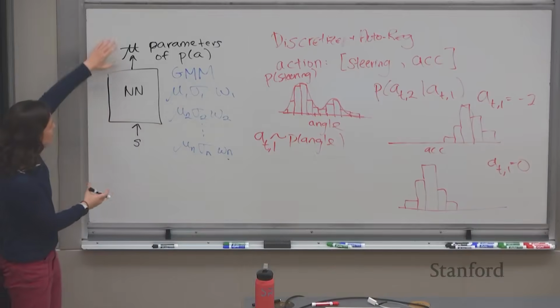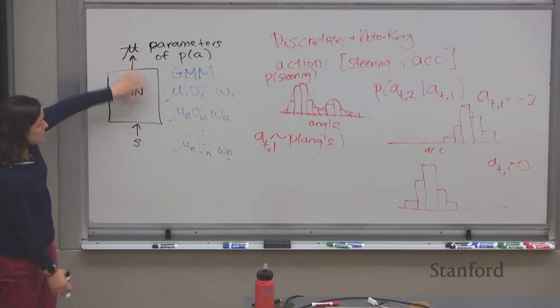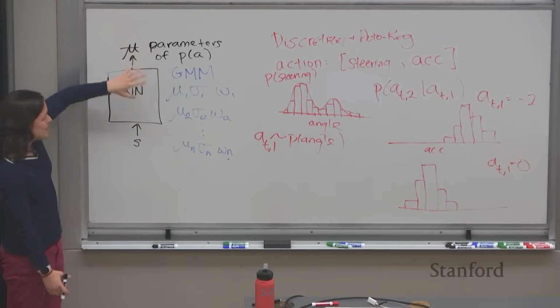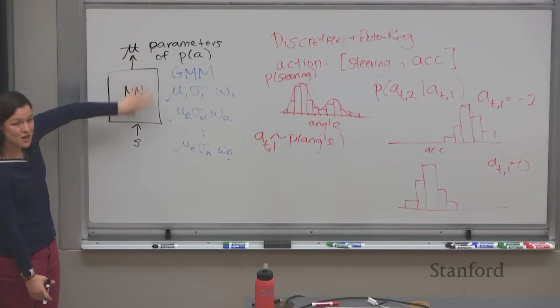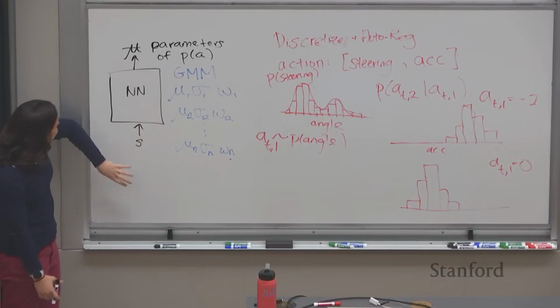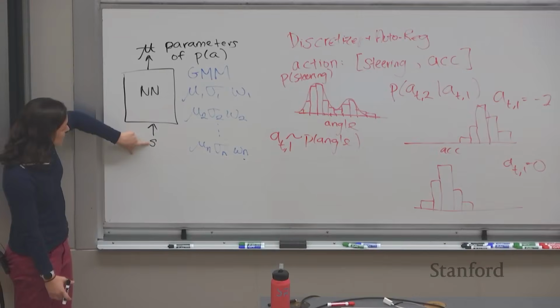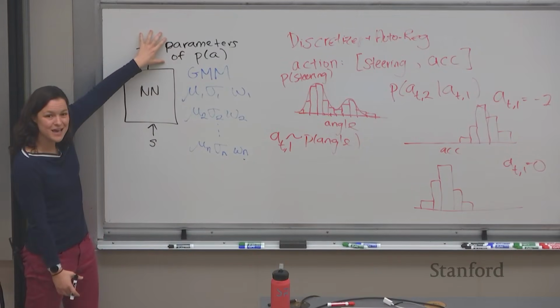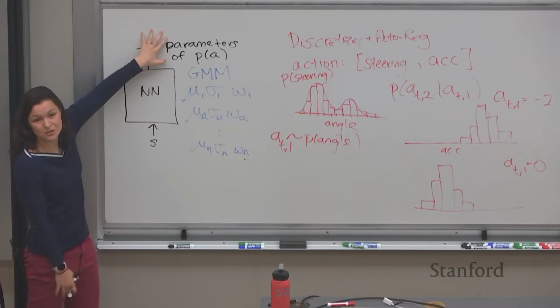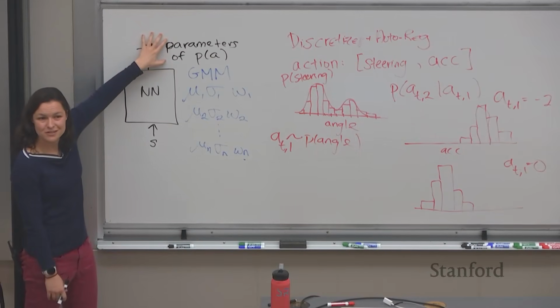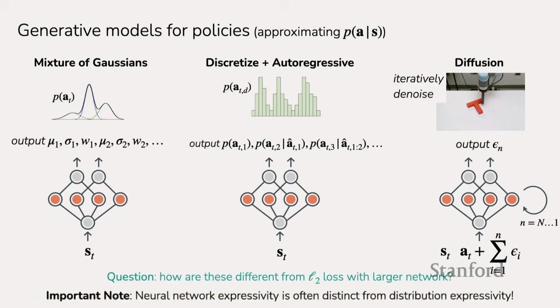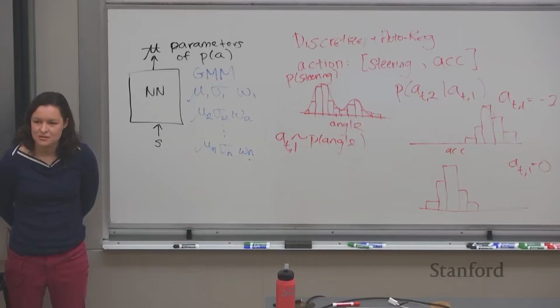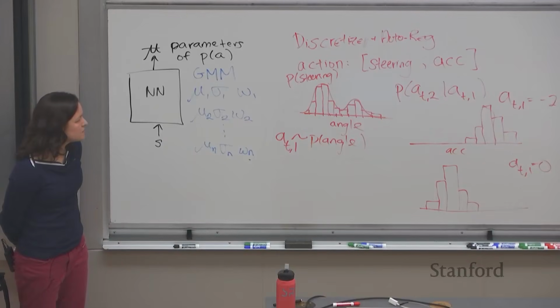If you think about this picture again, where you have a neural network that's outputting parameters of a distribution, there's the expressive part of this function: how many functions can you represent that go from S to parameters? And then there's the expressive power of this top part: how many different distributions can those parameters even represent in the first place? This is a really important point, where neural network expressivity is often distinct from distribution expressivity.